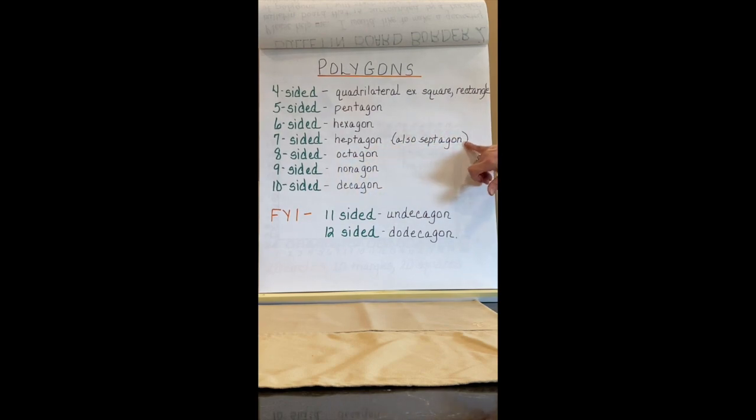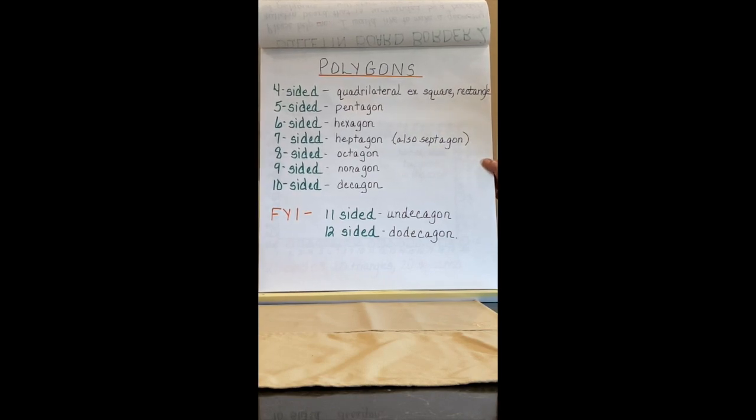An 8-sided figure we all know is an octagon. A 9-sided figure is a nonagon. Again, I would tell my students, 9, N and an N, nonagon. And the 10-sided is a decagon.